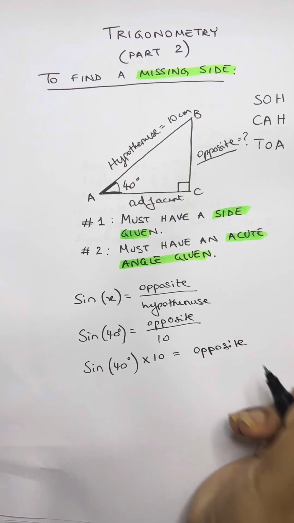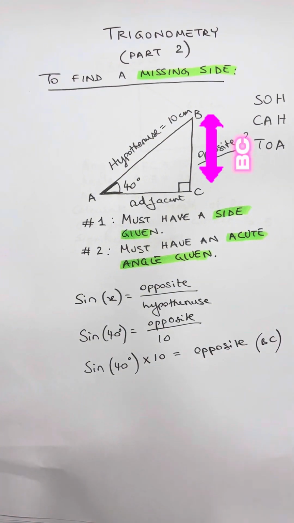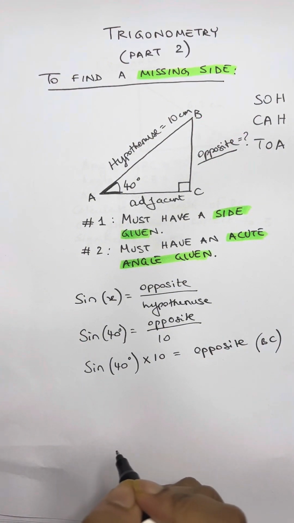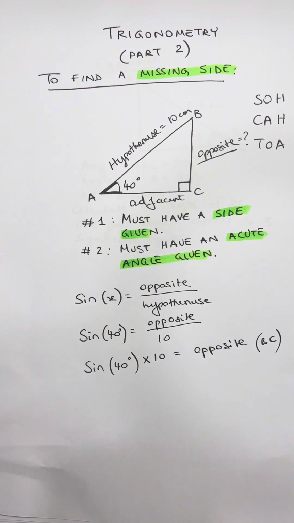So what is the length BC? Obviously, opposite is my length BC. So sine of 40 times 10, just plug this into your calculator.